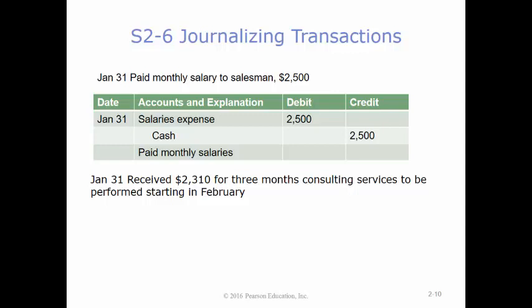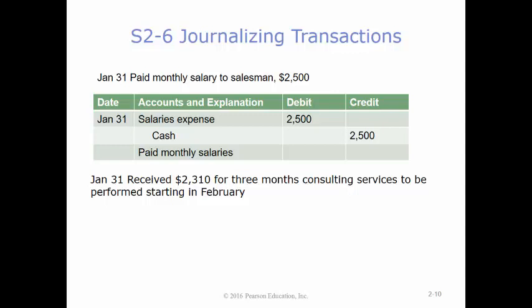It says we received this for services that we are going to perform in the future in February. So this is not going to be service revenue that we can record in this month. We want to wait and record this service revenue in the months that we're going to perform it, starting in February. So we're going to record this $2,310 as a liability, unearned revenue.